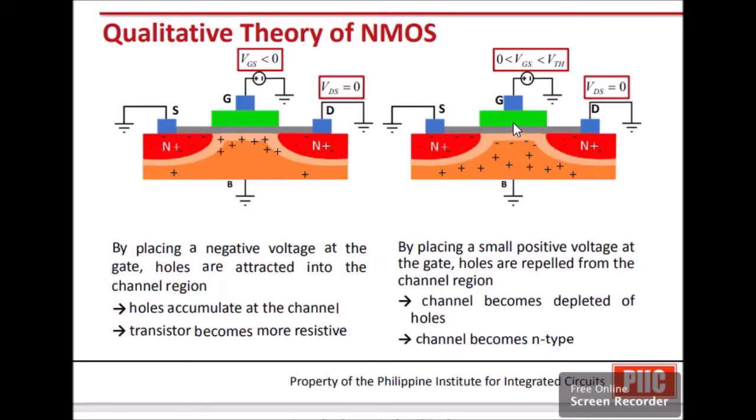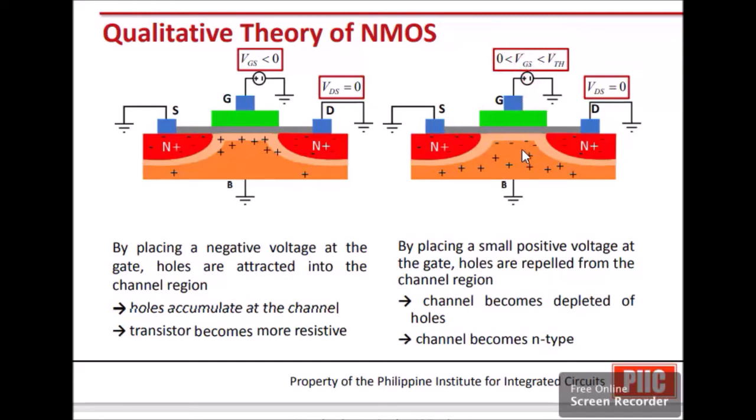So, again, this is only possible if VGS is greater than 0. Ibig sabihin, positive siya. But if you notice, sabi dito, ma'am, asan yung channel? Ba't wala pa? Wala pa masyadong channel. Kasi, in this case, or this scenario is when VGS is less than VTH. Okay? Yes, positive siya, greater than 0.